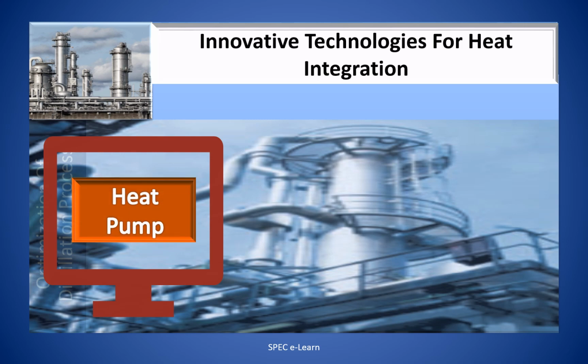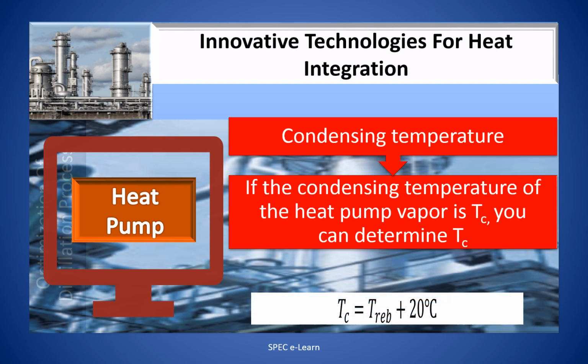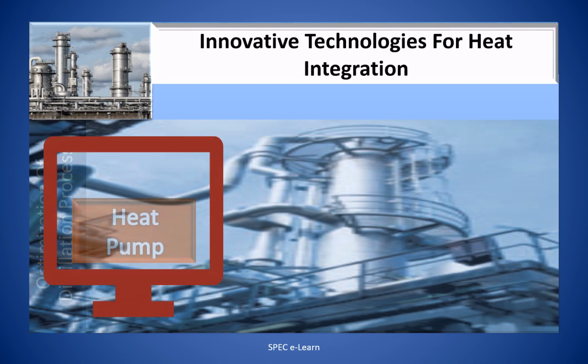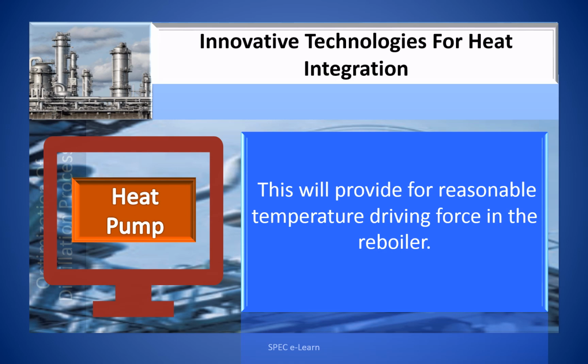First, let us define the condensing temperature. That is, the condensing temperature of the heat upgraded vapor or simply the heat pump vapor. Denoting this term as Tc, Tc is usually taken as Trb plus 20 degrees centigrade. This will provide for reasonable temperature driving force in the reboiler.